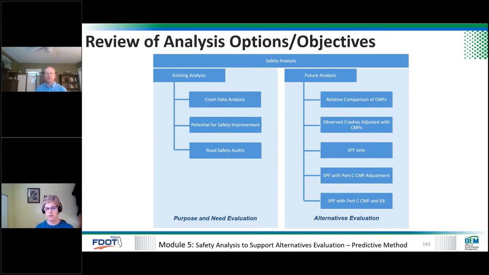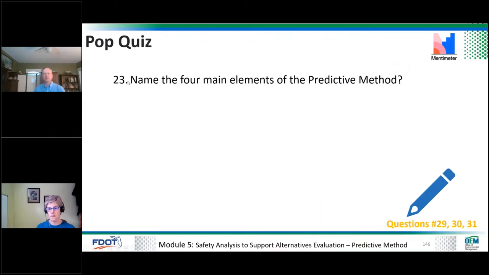If we have a calibration factor, apply that. And if we can, go all the way and use EB to re-estimate observed conditions. So a lot of tools are available, and the guidebook provides an overview of these options, and then there are of course lots of other resources about how to actually learn and do.